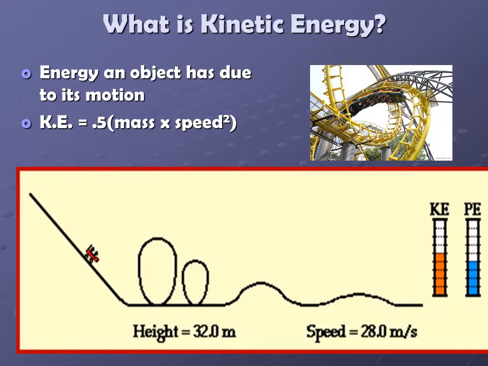So here's a little demonstration, and it's in a roller coaster, right? Coming down a hill, and as the height changes, you can see what happens to the speed. And you can see how much kinetic energy it has and how much potential energy it has. So it is a continuum.